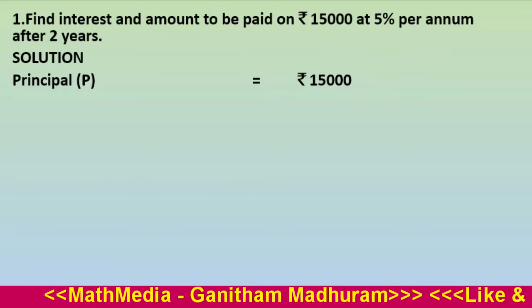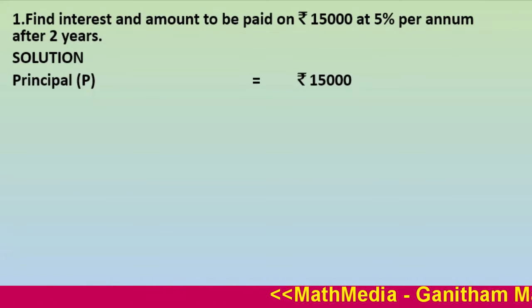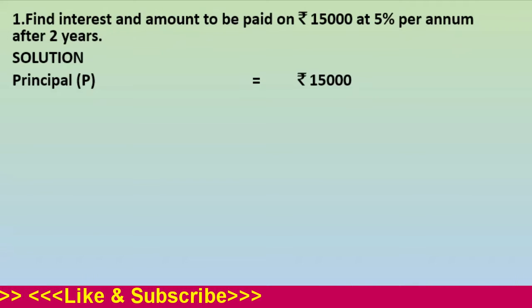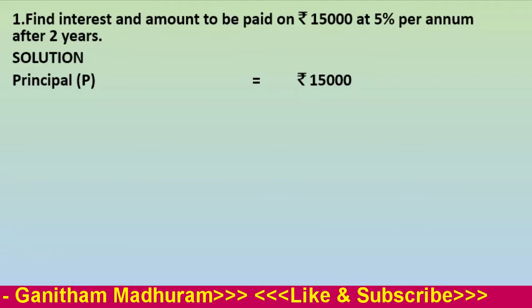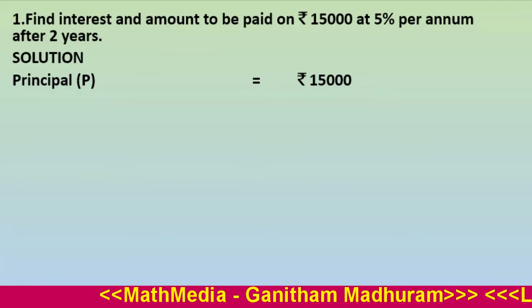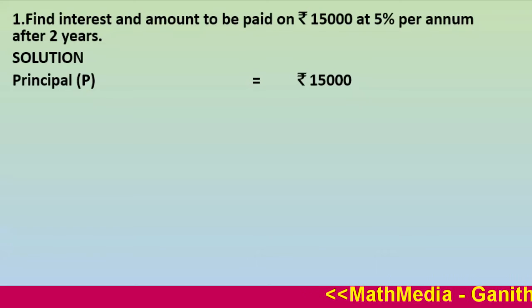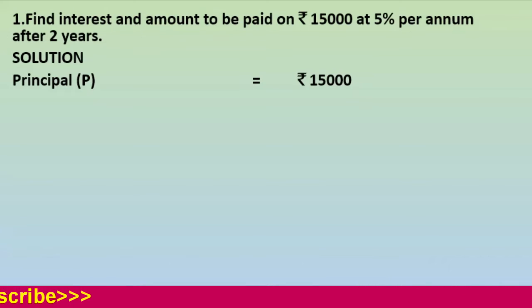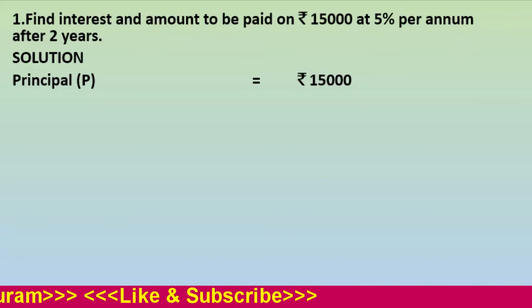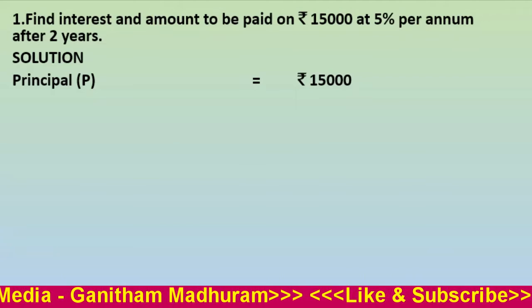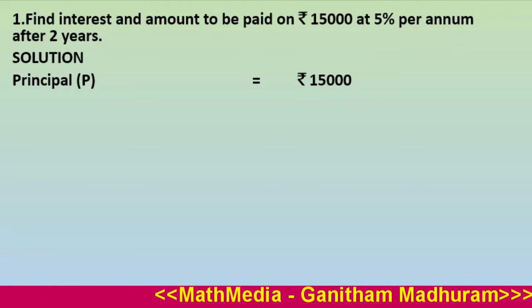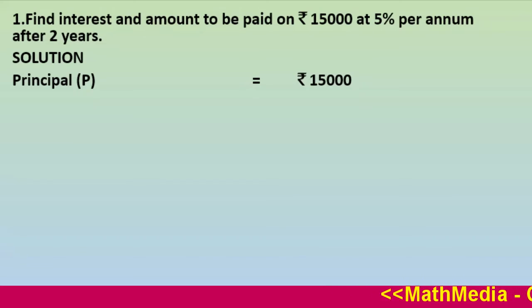So whenever you get a question, you have to write first what is given in the question. So the question is find the interest and amount to be paid on rupees 15,000. That means our principal P equal to 15,000 at 5% per annum.